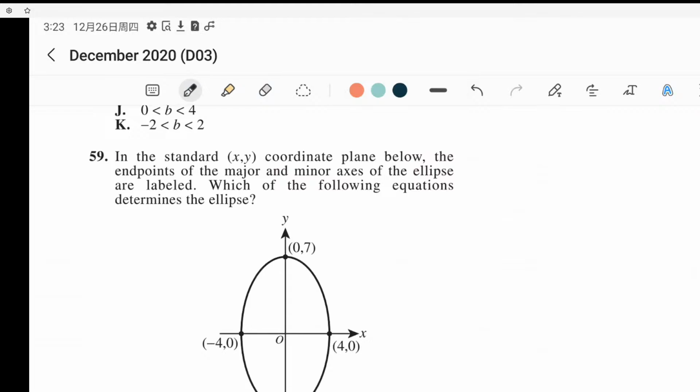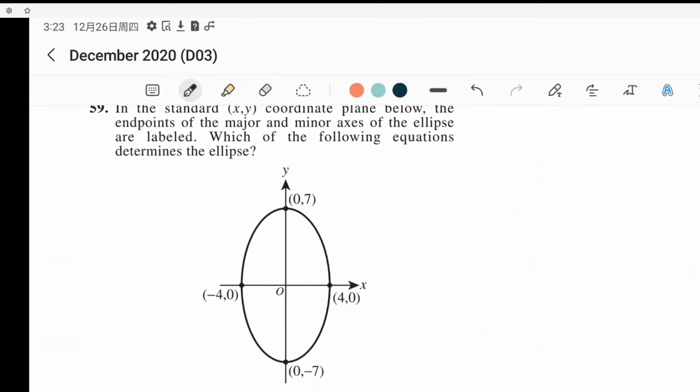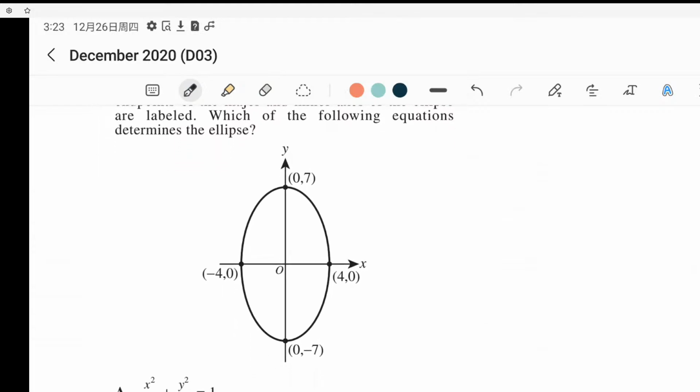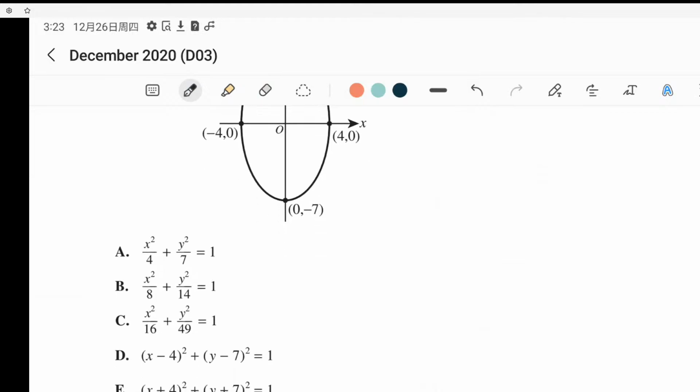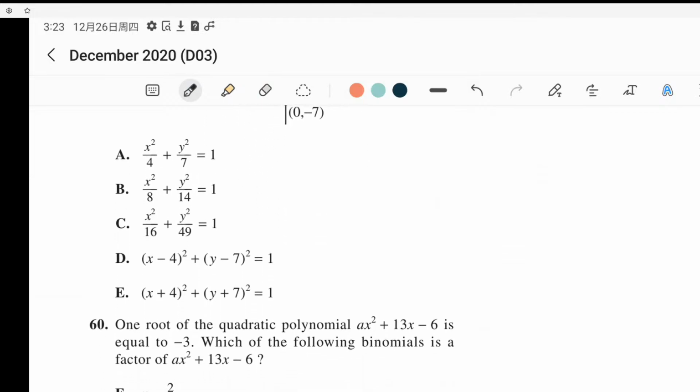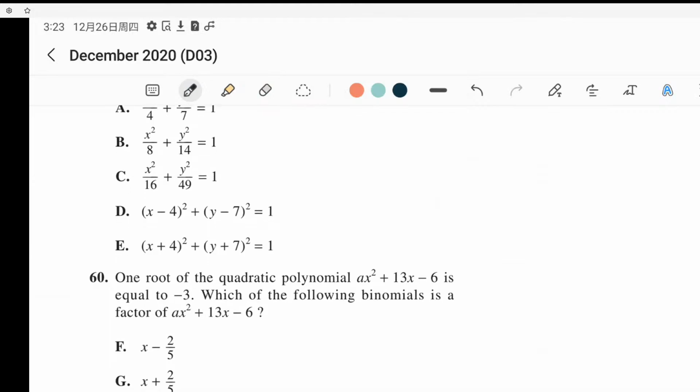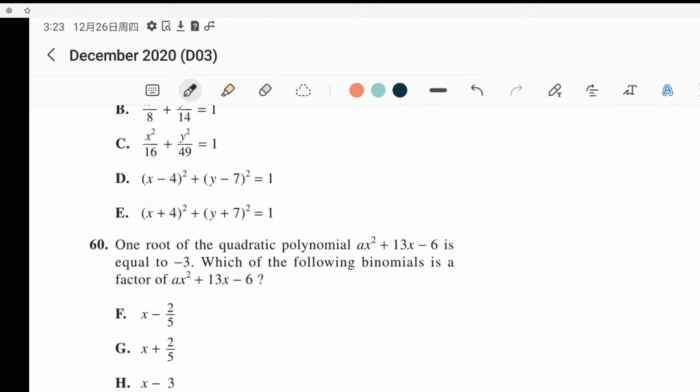Oh, the standard form and the endpoints of the major and minor axis. What is the following equation? Last problem, 60.